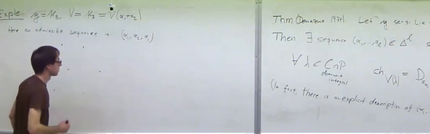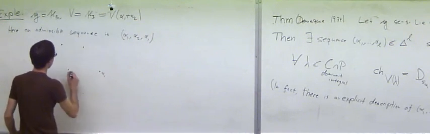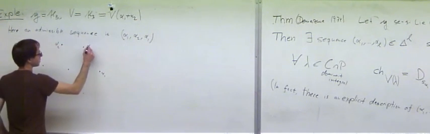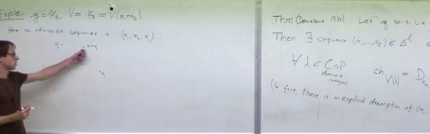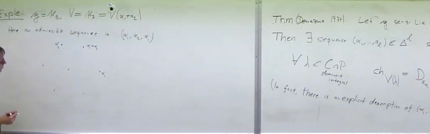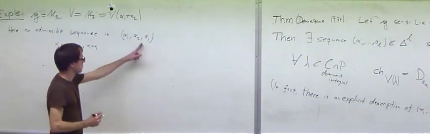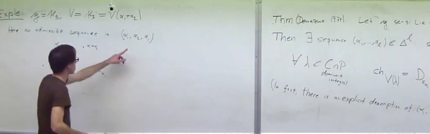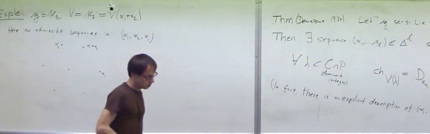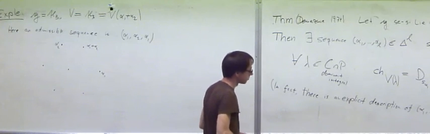This is alpha 1, this is alpha 2, this is alpha 1 plus alpha 2, so this will be our highest weight. I happen to know that this is a good sequence. So let's just do the computation.